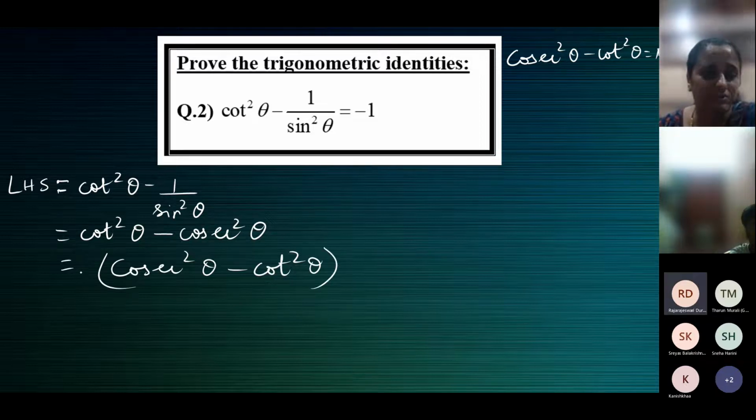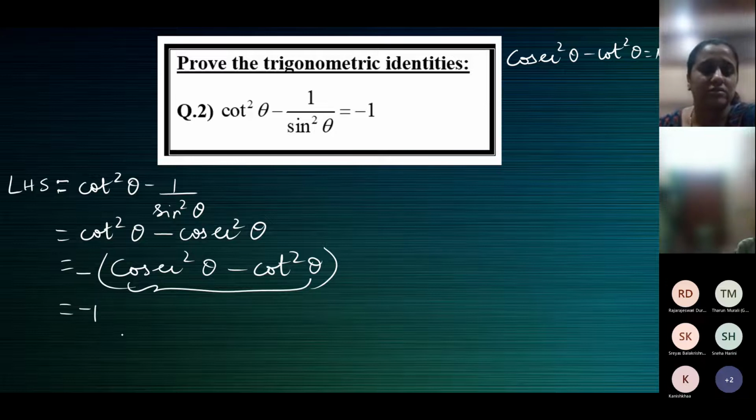Minus of cosecant square theta minus cot square theta. Very good. Minus of cosecant square theta minus cot square theta. So that is equal to minus, and we know that this is 1. Cosecant square theta minus cot square theta is 1. So we get minus 1, which is the RHS.